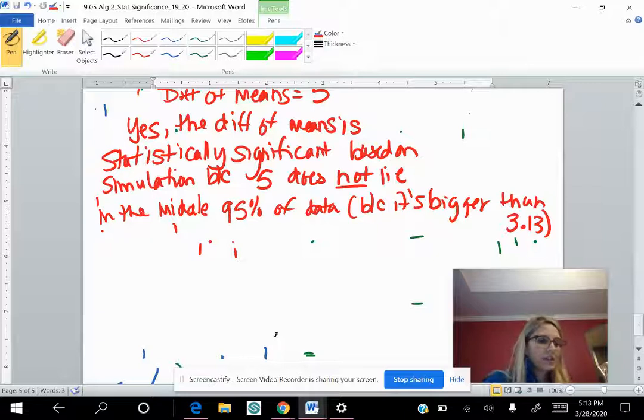So having a mean difference of 5 would be an unusual occurrence, so it's probably not due to chance.